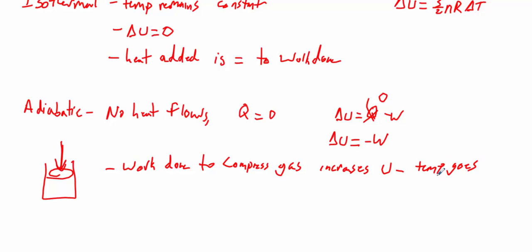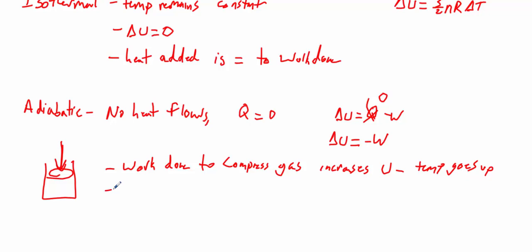And this is how a diesel engine works. You inject diesel fuel and air into this piston, into this cylinder, and then the piston smashes down on it really hard, really fast, and that increases the thermal energy so much, it increases the internal energy so much, that the temp gets high enough to actually ignite that gas without a spark, and then it explodes and it drives the piston back up.